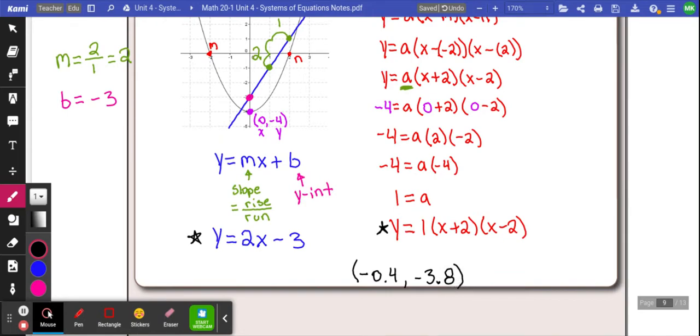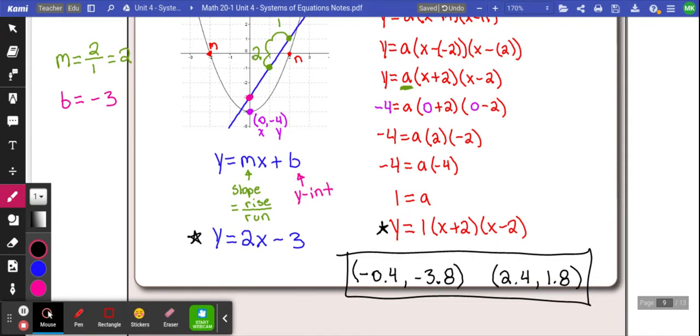The second solution, you go second trace intersect in your calculator. You hit enter, enter, enter. Make sure you're doing it over by the other solution. So you have to use your right arrow to move your cursor close to the answer. You get 2.4, comma, 1.8. And those are my two solutions.